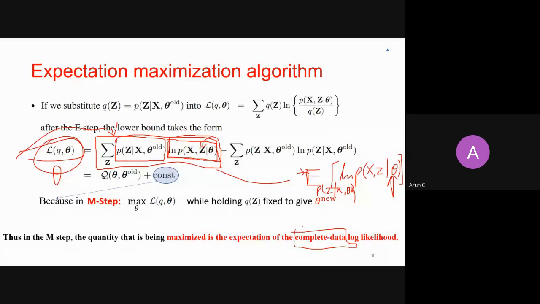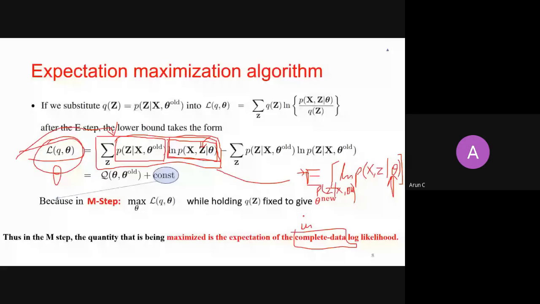I was not aware of what my z was, so it is incomplete, and that's why I calculate the expectation of this incomplete log likelihood and then maximize it. So this is all about the basics of expectation maximization.